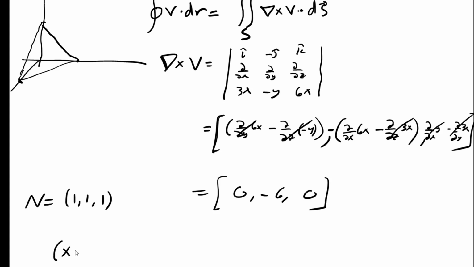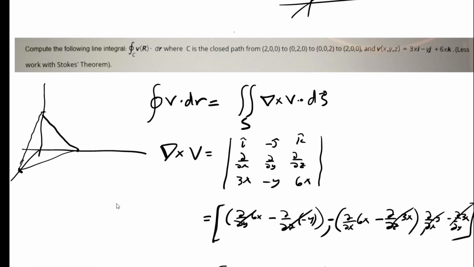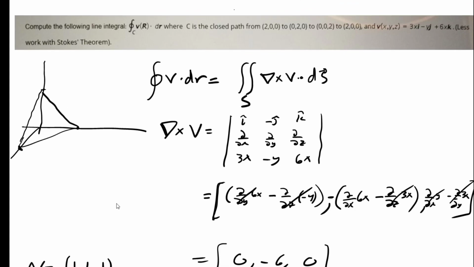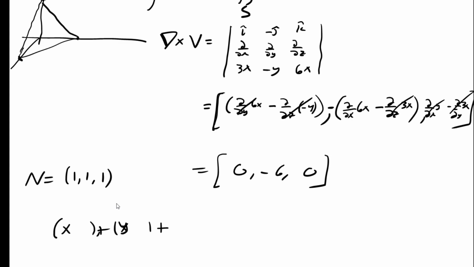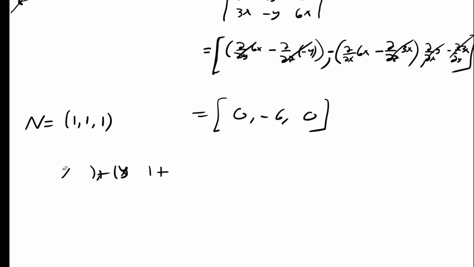So to write the equation of a plane, I need a point on the plane, and my point is going to be 0, 0, 2.